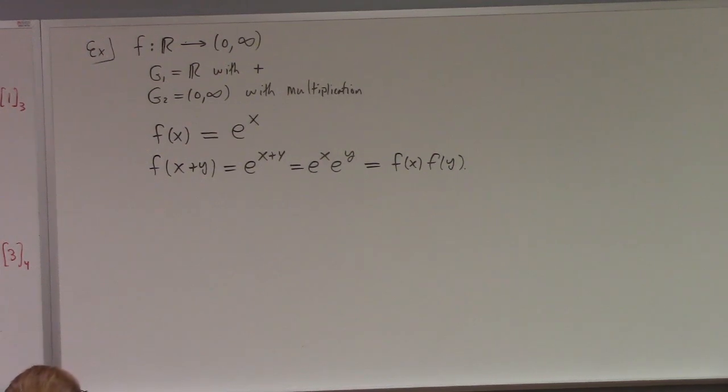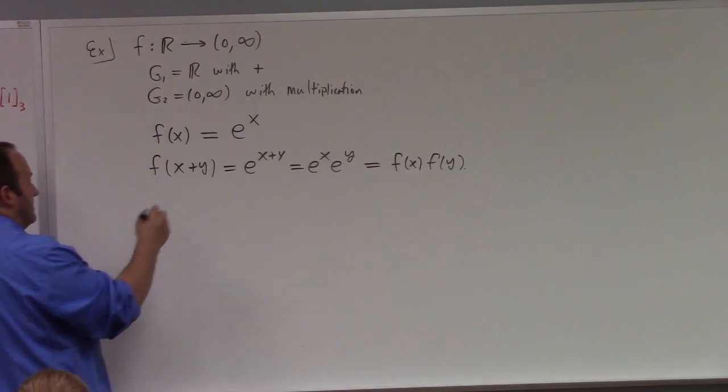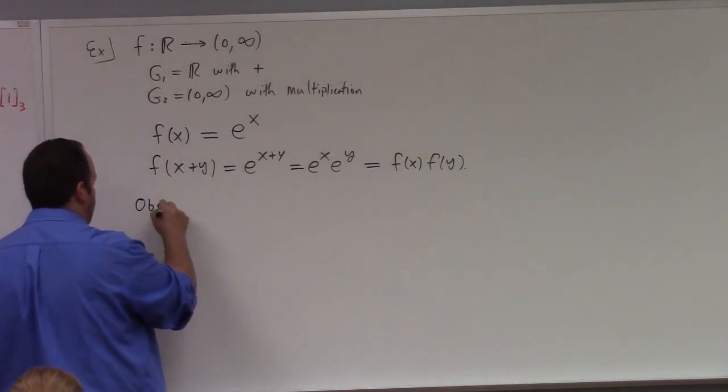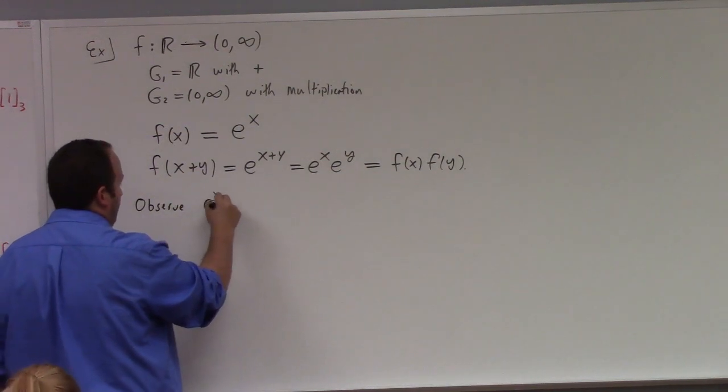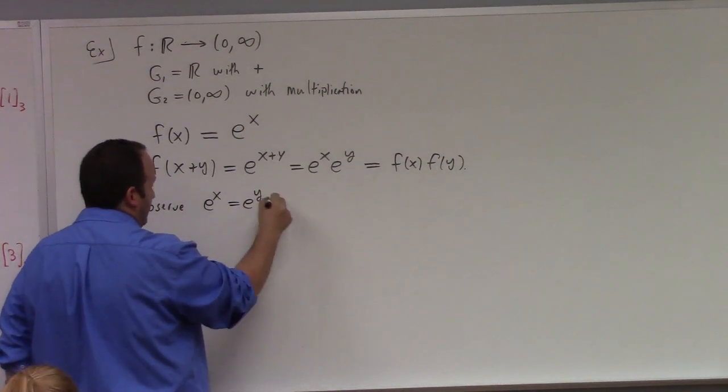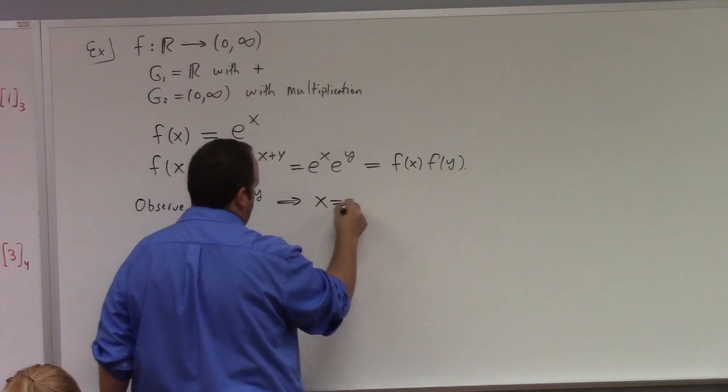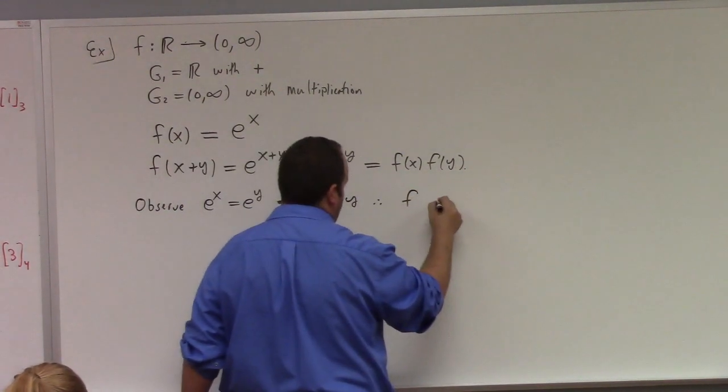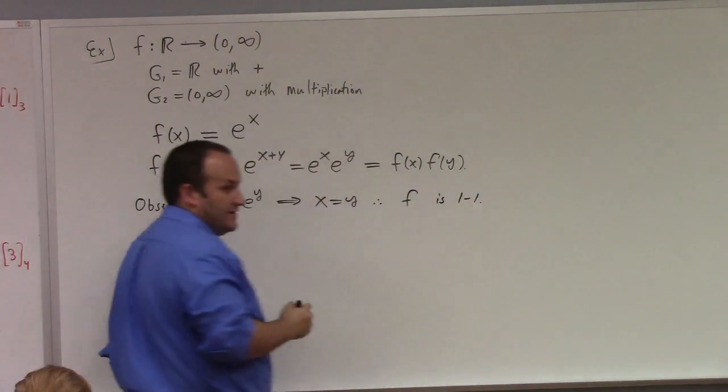How do you prove something's a bijection? Well, there's a lot of different ways. It depends on the context, right? But one way to prove it is just to show that it's 1-to-1 and onto. How can you show this is 1-to-1? e to the x equal to e to the y implies what? x equals y, therefore f is 1-to-1. Is it onto?